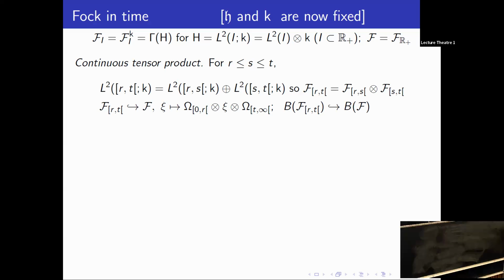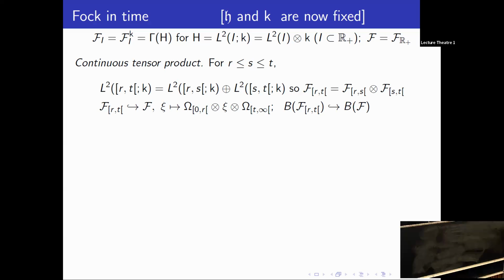And again, we can embed a Fock space, let me say Fock space over the interval [r, t], into another Fock space here in a simple way. We can do it at the level of vectors and at the level of operators.